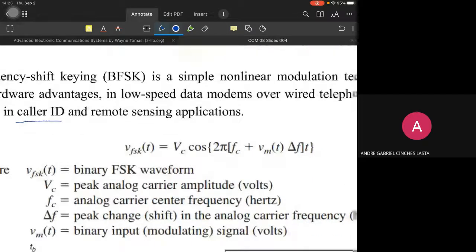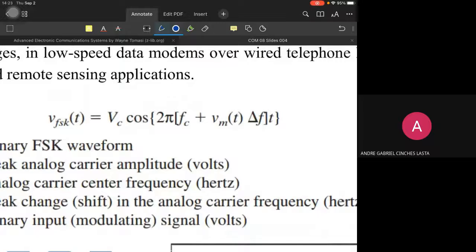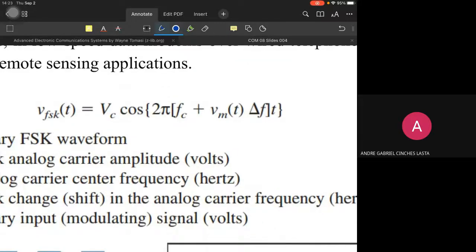So this is the formula for the output signal of an FSK system, the FSK modulator.